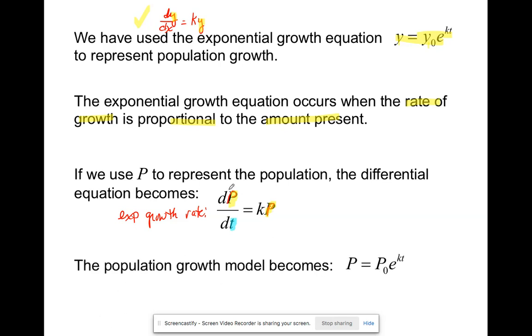So using p instead of y, my solution to that separable differential equation looks like P equals P naught e to the kt. You can find the population by inputting time, multiplying your original population times e to your constant of proportionality times however many years.